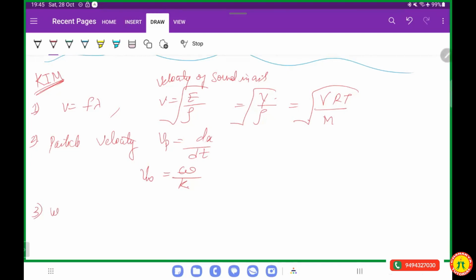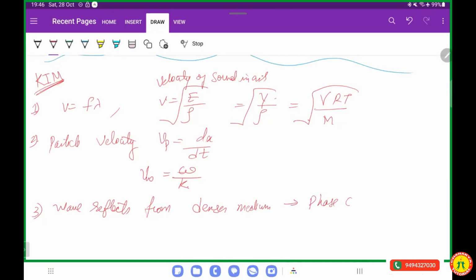Third thing about wave, we'll write something. So what can we write? Wave reflects from a denser medium. So then what will happen?